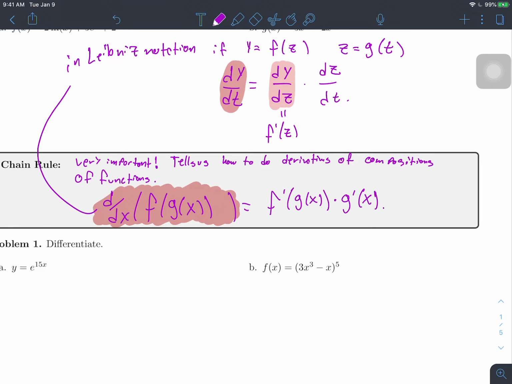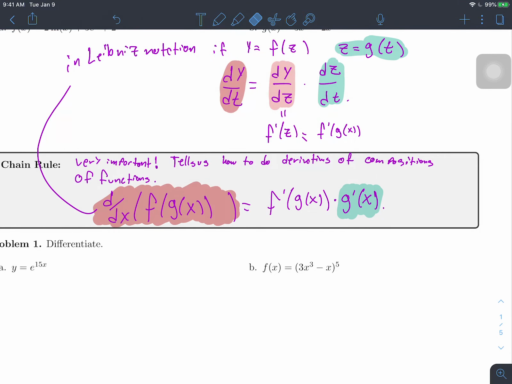But remember, z is g of t, so f prime of z is just f prime of g of x. And then lastly, this dz/dt is what we get if we do the derivative of z equals g of t. So that is the g prime of x part.